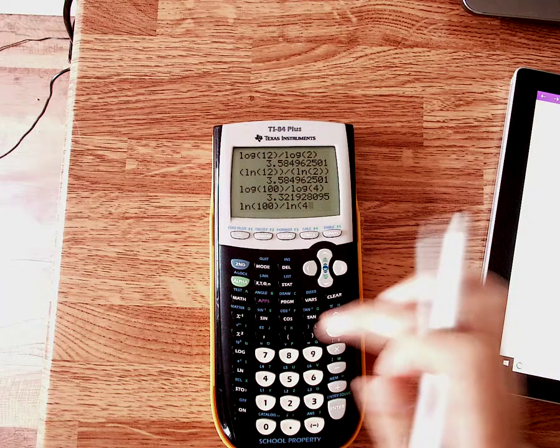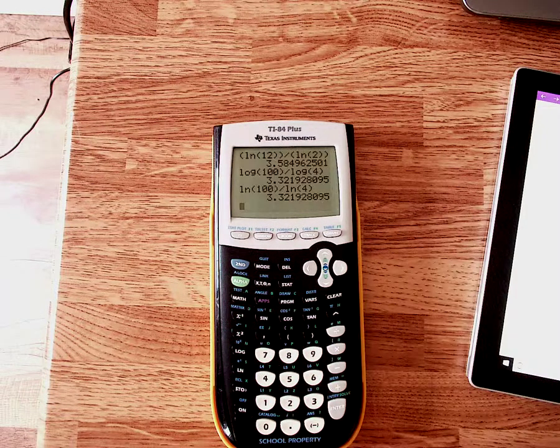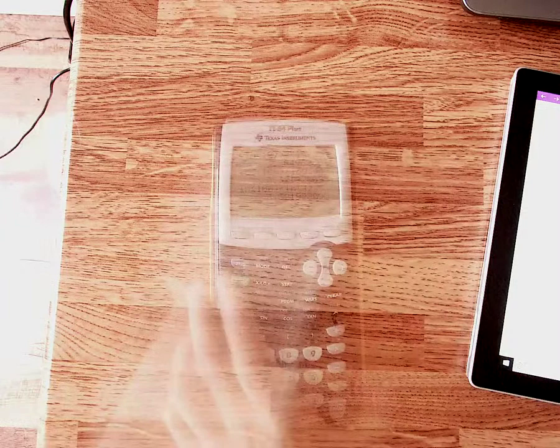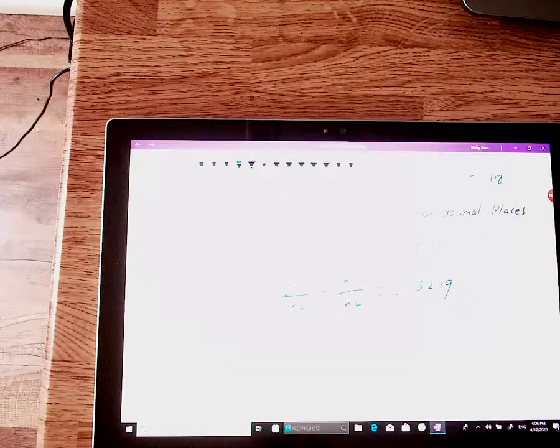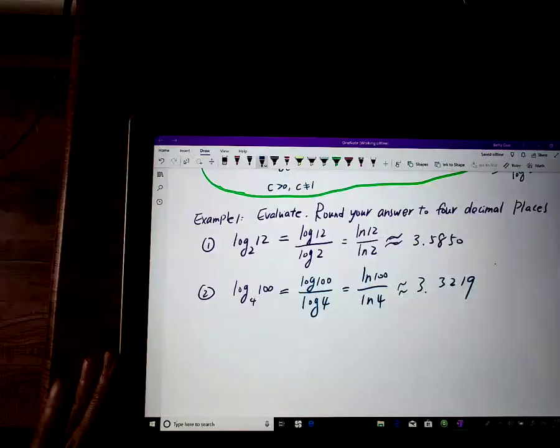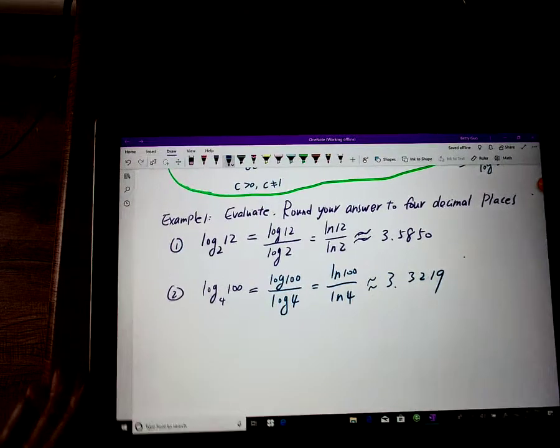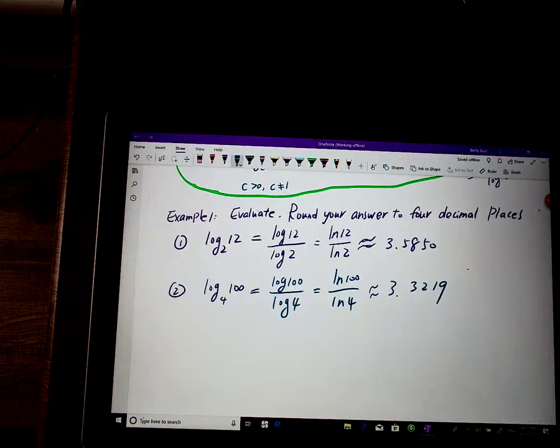Close the parentheses. We have the same thing, right? Same result. That's how we apply change of base formula. That's the first thing we need to learn in this section. Second thing, we are solving equations. Example 2.